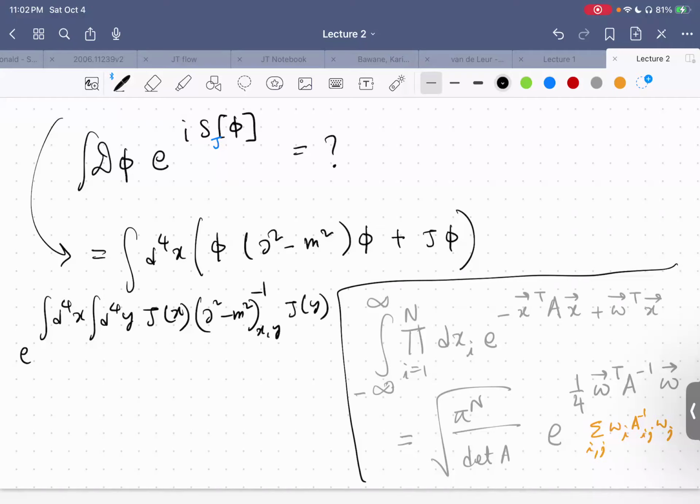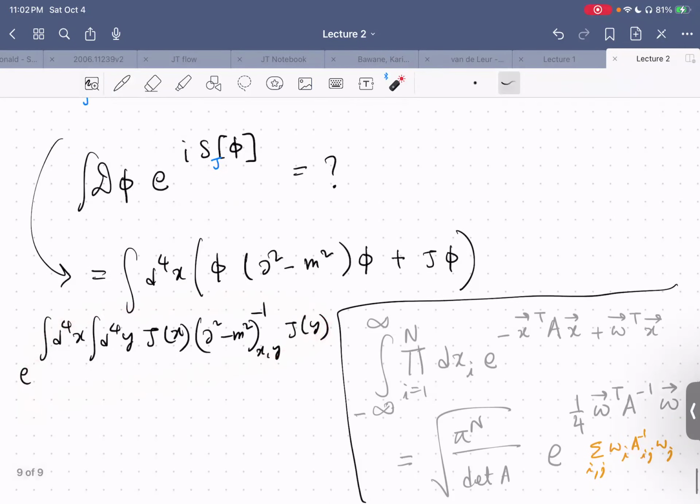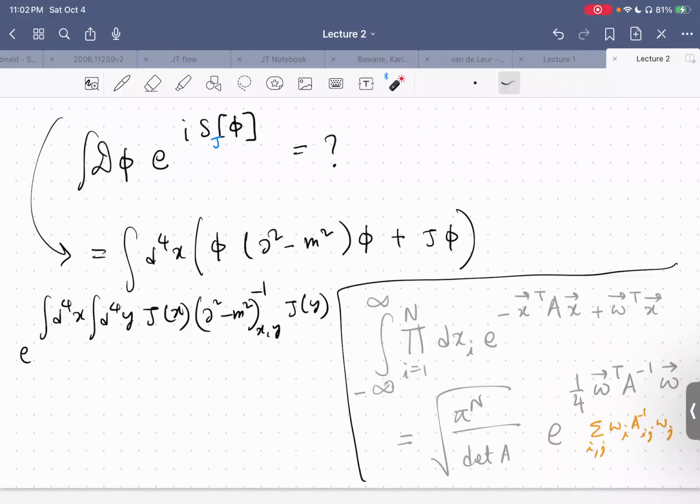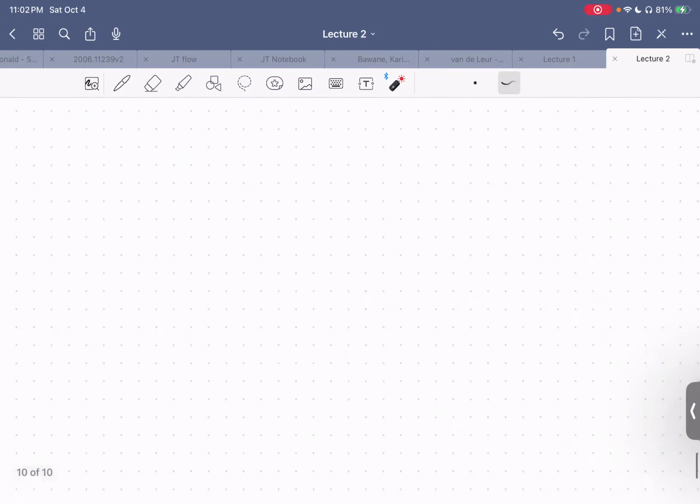And J(y), right? So this is the kind of thing that we expect to get by evaluating this integration, by analogy with this formula, right? So the task now, of course, is to verify that this is indeed what we get, and we will verify this. And we will, in fact, find by an alternate route what this inverse is. So let's do that now.